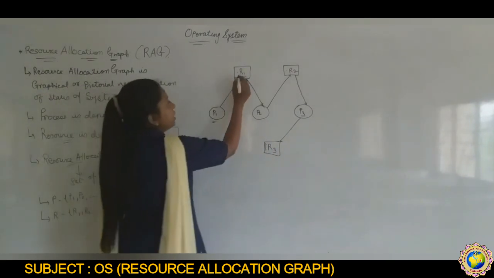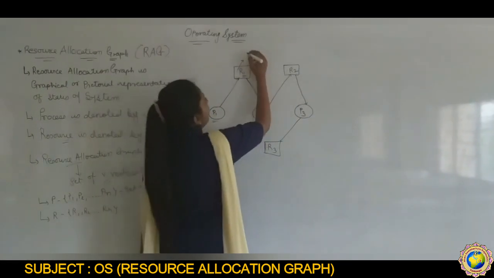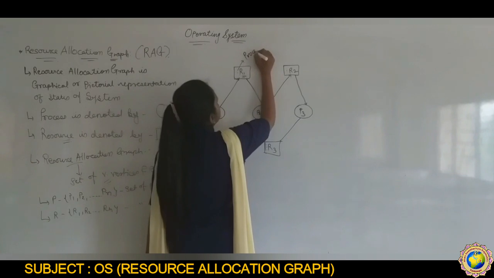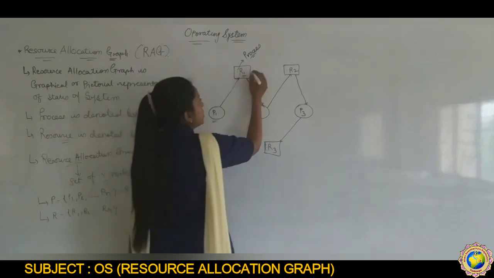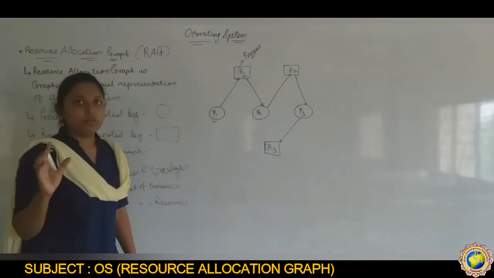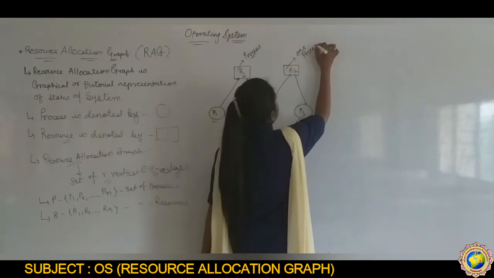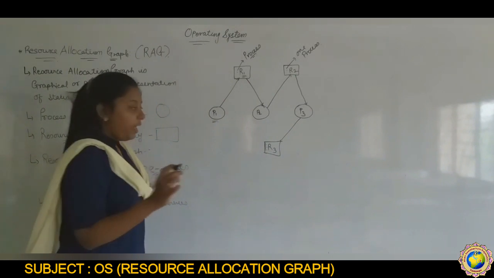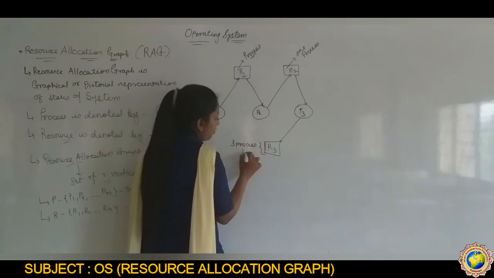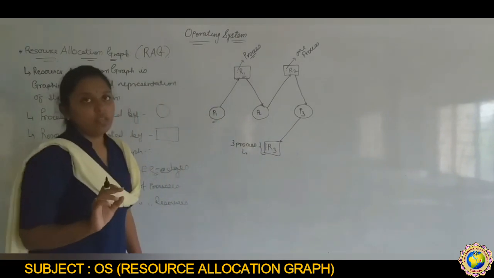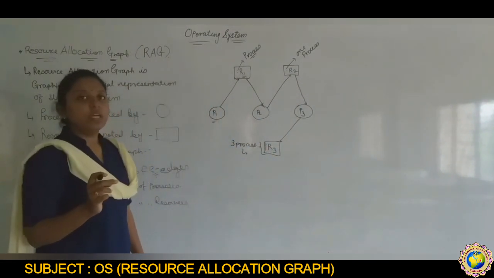So this is showing that only one process can use this resource at a time. Same as it is, only one process. And here it may be possible that 3 processes can use this resource. So these are called instances.